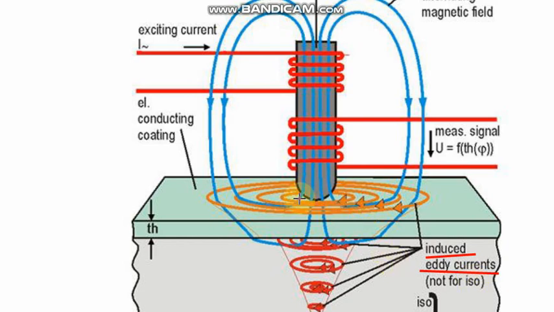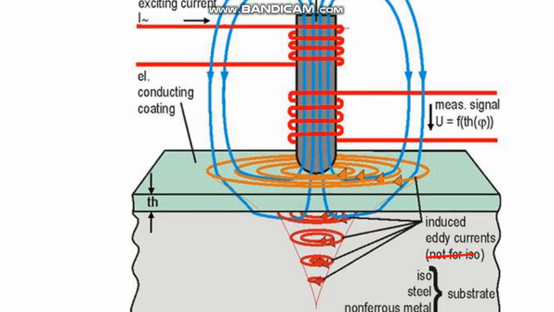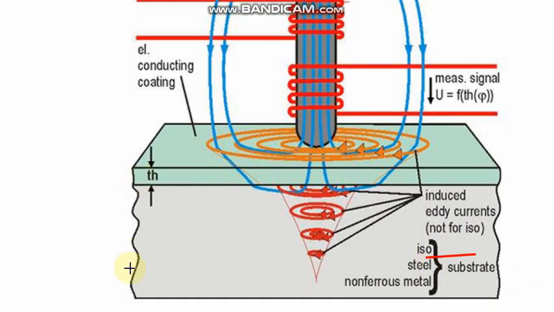Here you can see that at the surface the eddy currents are prominent. If the conductor has more thickness, the circulating loops appear at different depths, and as the distance from the magnetic flux increases, the induced eddy currents vanish.